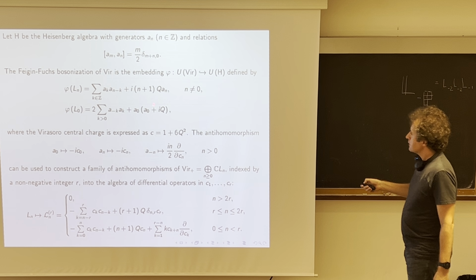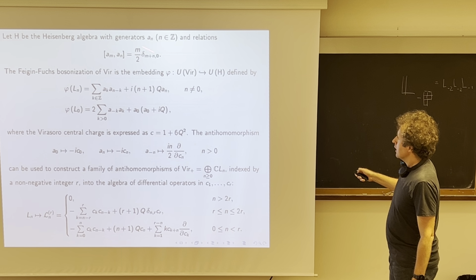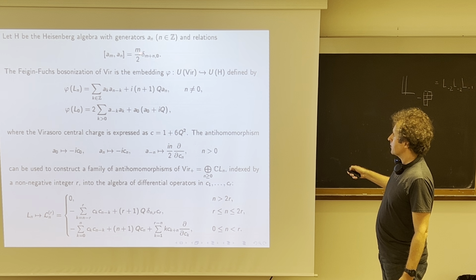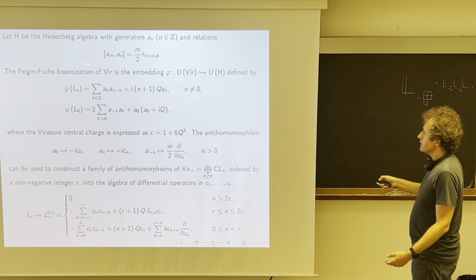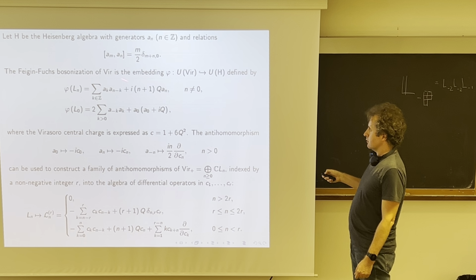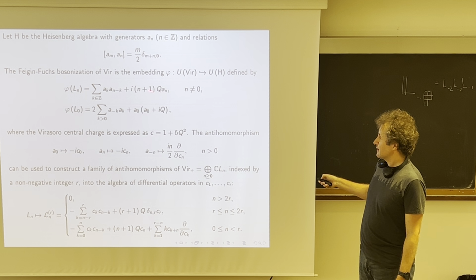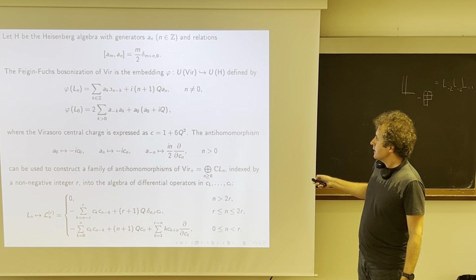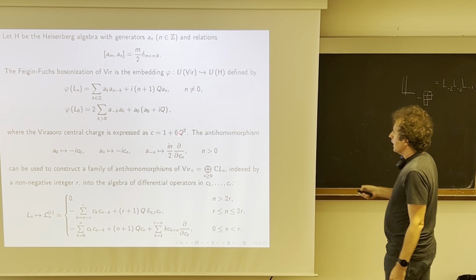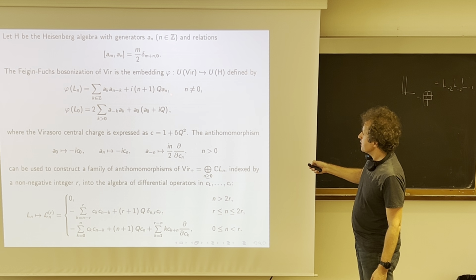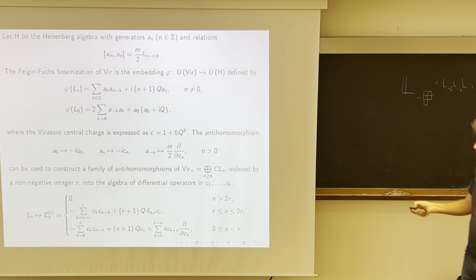So let me first recall some well-known things. If you start from the Heisenberg algebra with these generators and relations, there is this Feigin-Fuchs bosonization of Virasoro, which expresses the generators as at most quadratic combinations of these a_k. And the Q which appears here is related to the Virasoro central charge in the standard way.